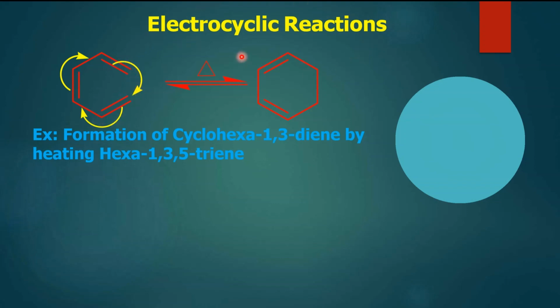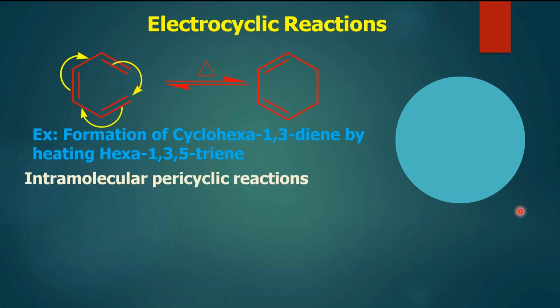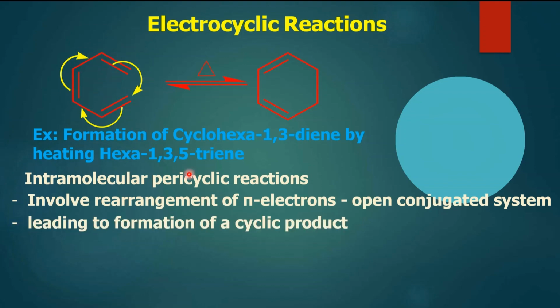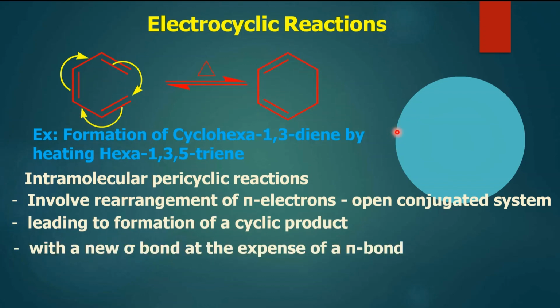That's why it is called an electrocyclic reaction. Only a single molecule is involved, that's why it is an intramolecular reaction. There is rearrangement of pi electrons in the open conjugated system. This is a compound which is not cyclic, it is open and it has conjugated double bonds. And when it is heated, it forms the cyclic product.